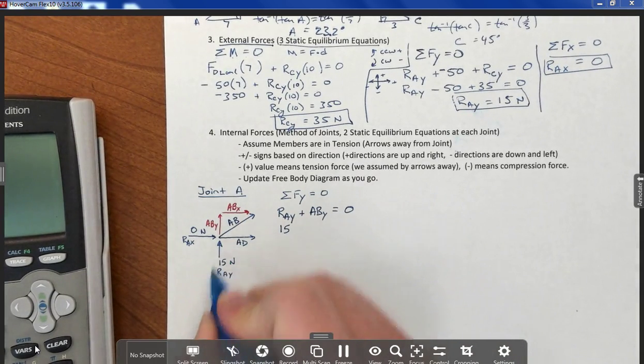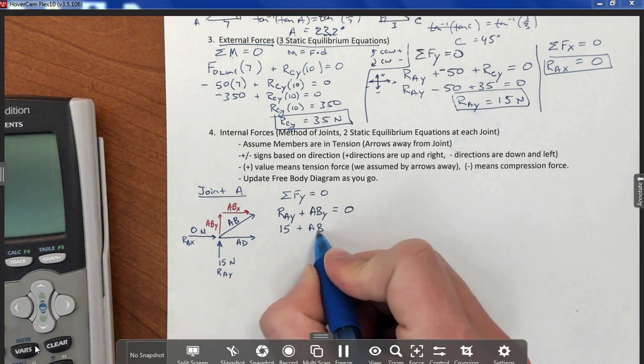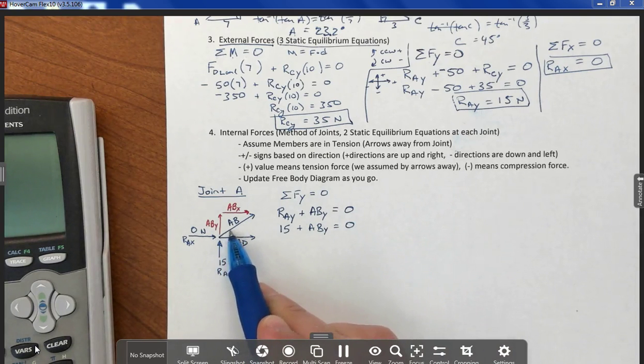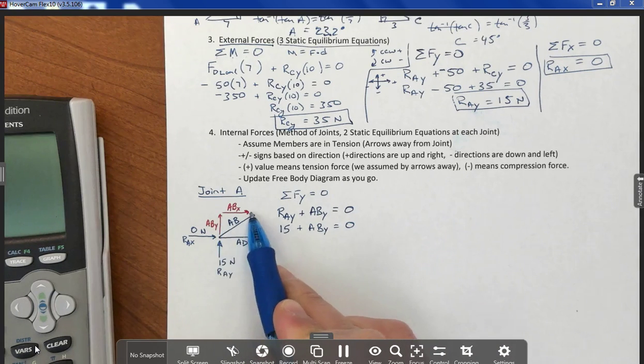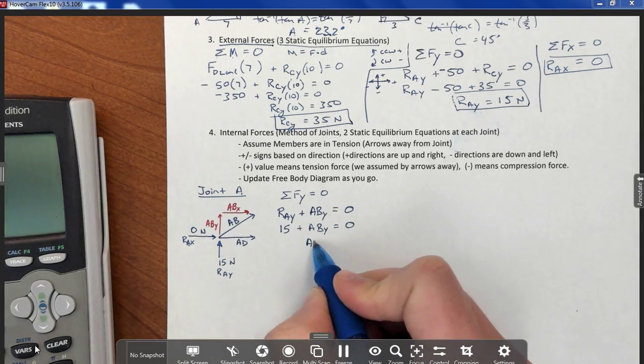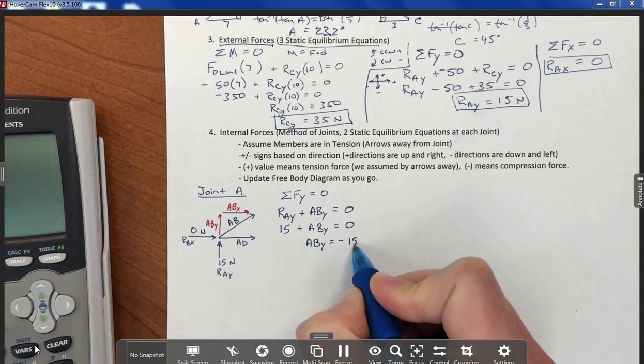That 15 is up, which is a positive direction. We are going to assume that this was in tension. So we've got our arrows pointing up and right. And we solve. And after solving here, subtracting 15 from both sides, we get a negative 15.